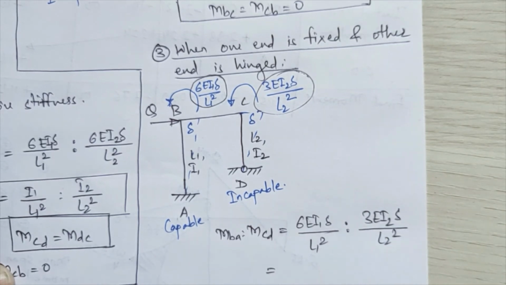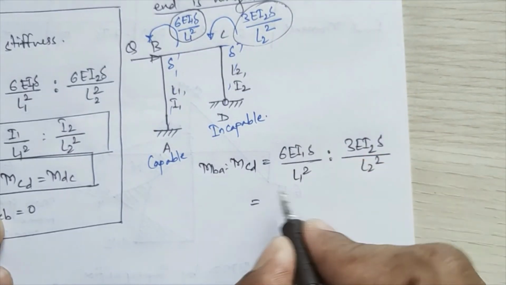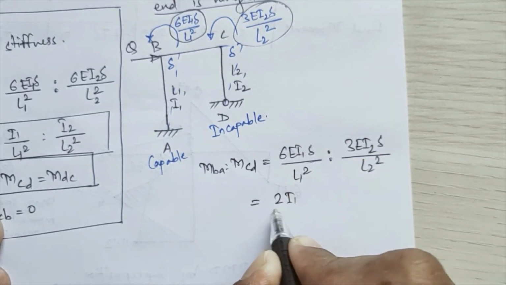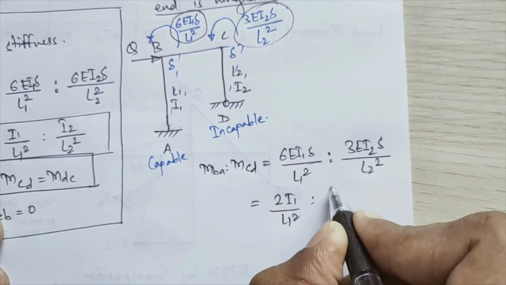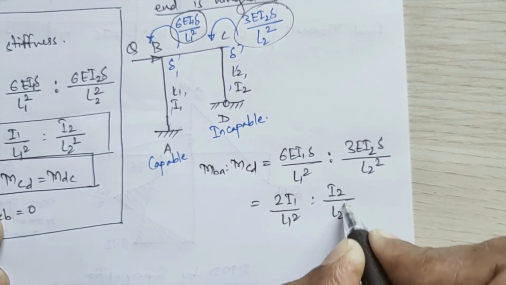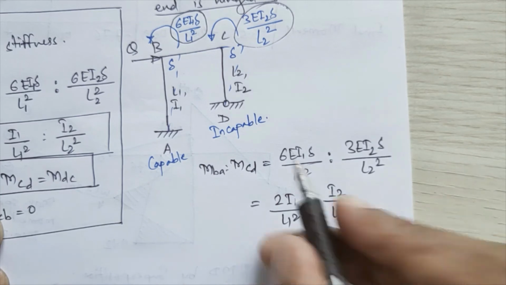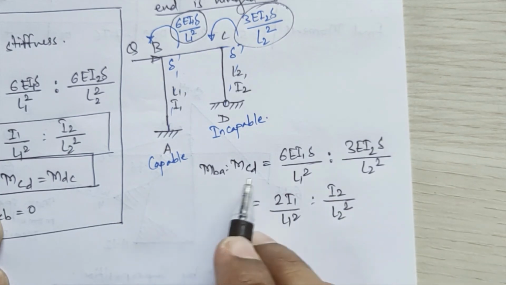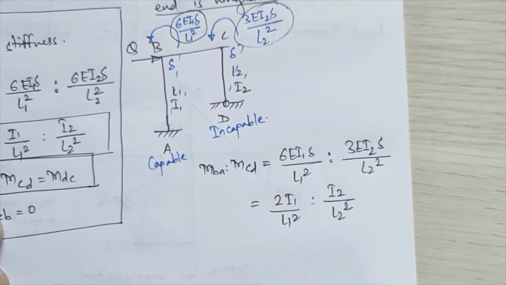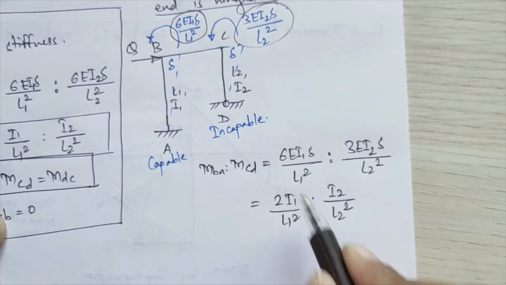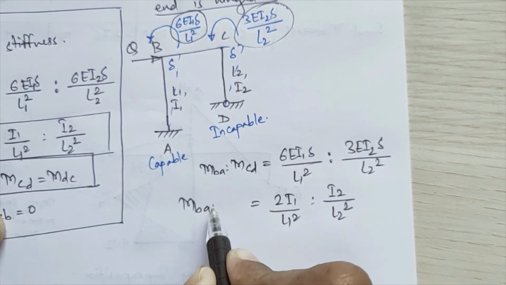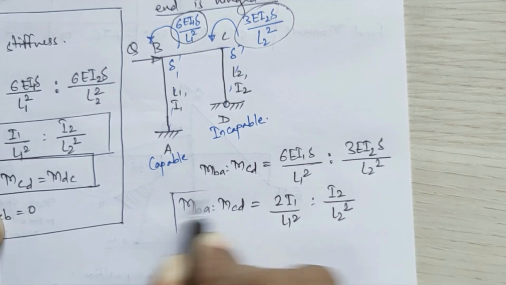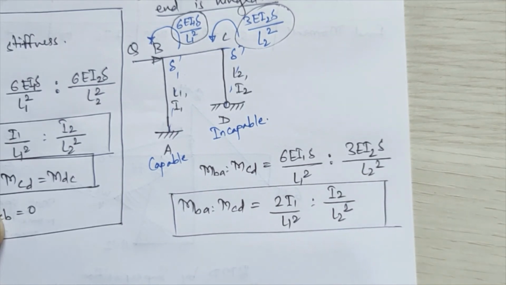If I simplify this, what I'll get? 2I1 upon L1 square is to I2 upon L2 square. That is, I get the ratio of 2:1 for these MBA and MCD values. Provided along with this condition, MBA is to MCD is 2I1 upon L1 square is to I2 divided by L2 square. Now we'll see the conditions for the remaining moments.